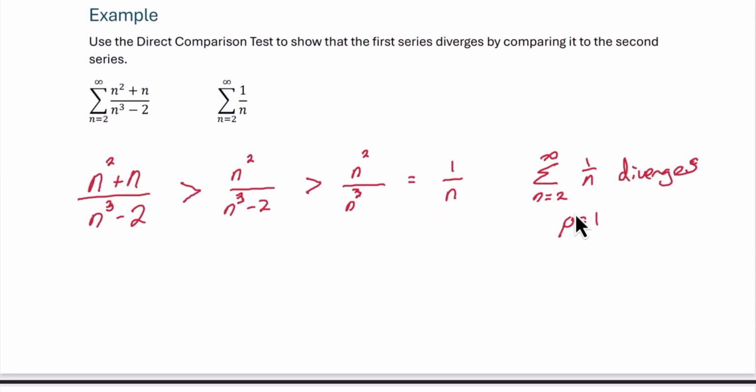And since this diverges, and we're looking at a series that is actually bigger than this one, then the original series, n equals 2 to infinity, n squared plus n divided by n cubed minus 2, this must diverge.